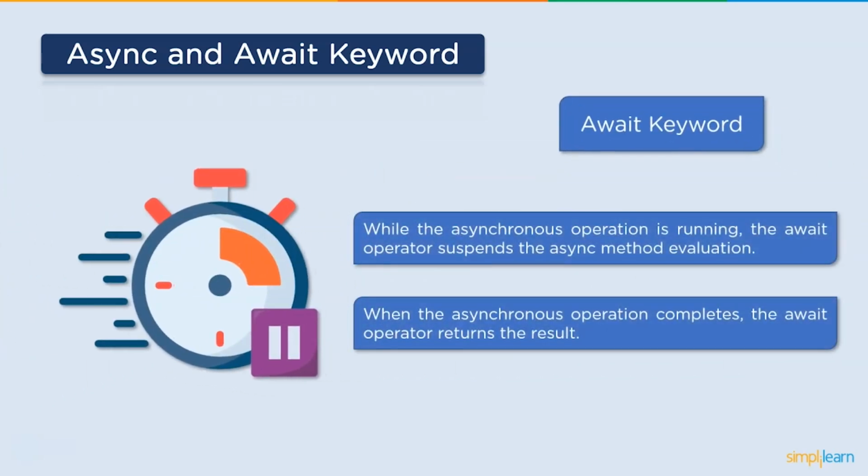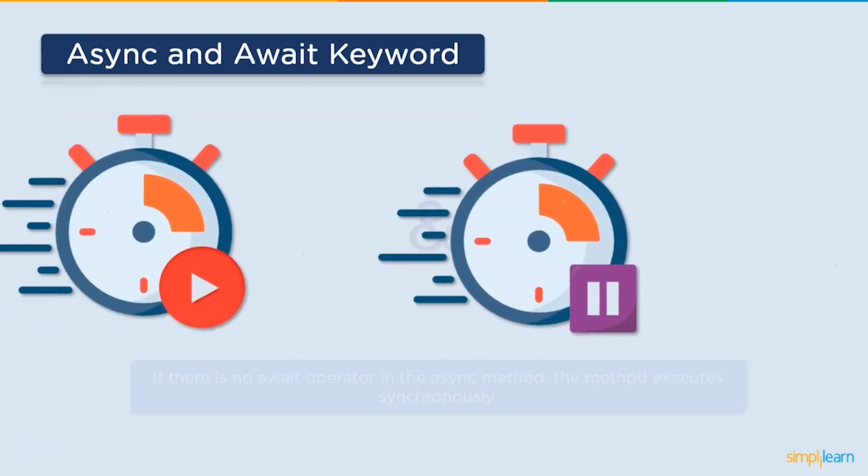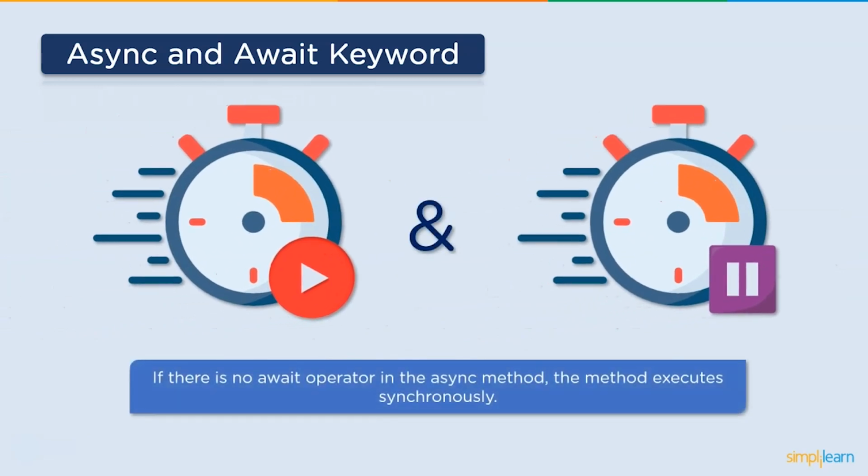Next up, await. While the asynchronous operation is running, the await operator suspends the async method. When the asynchronous operation completes, the await operator returns the result. And if there is no await operator in the async method, then the method will be executed synchronously.